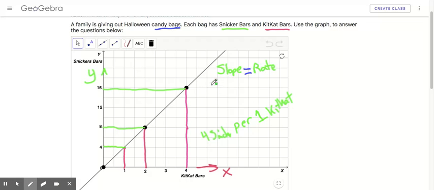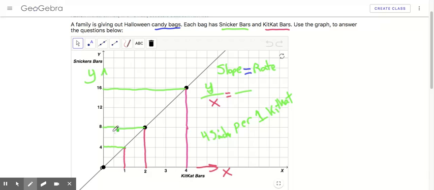And if we remember, our slope is y over x. So if we look at this, we can figure out what we would have for our slope or for our rate, since they're the same thing.